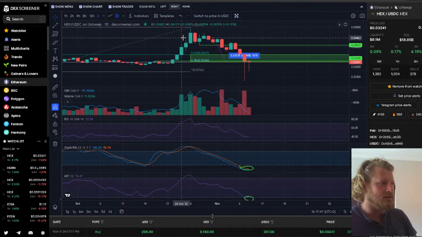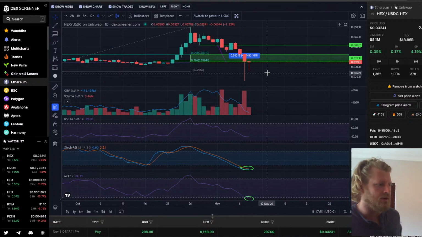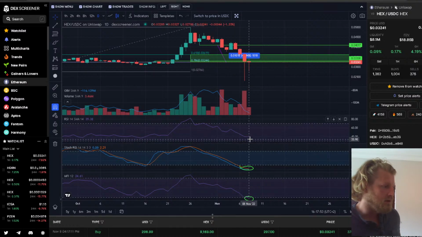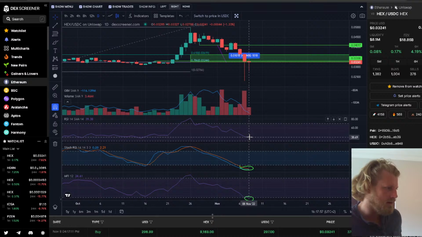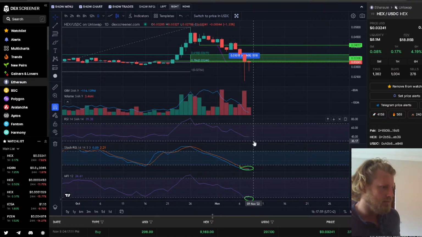But in the next 2 days, as soon as it starts averaging in these candles, like tomorrow and the day after tomorrow, it's going to push this RSI down very, very quickly. It's sitting at 39 right now. It would be good if it was at 30, right?